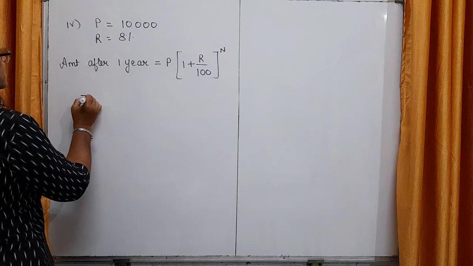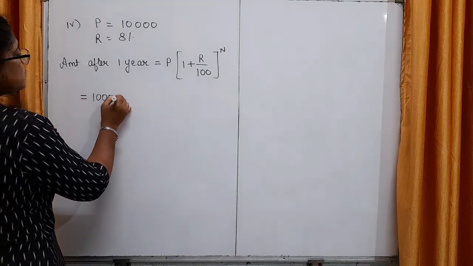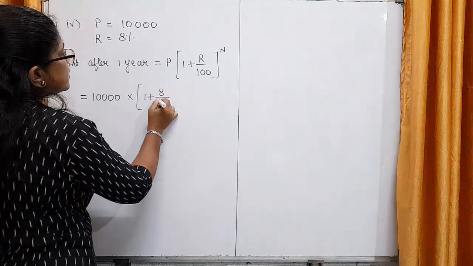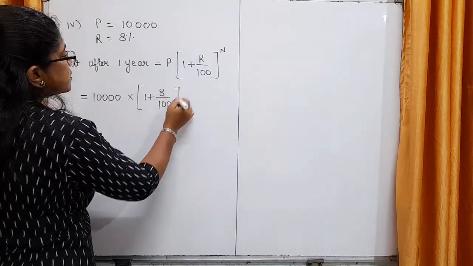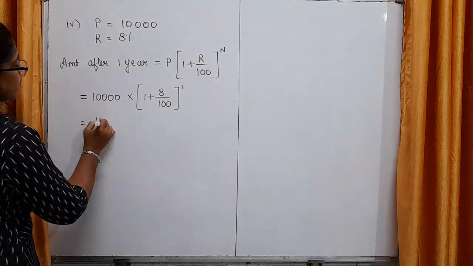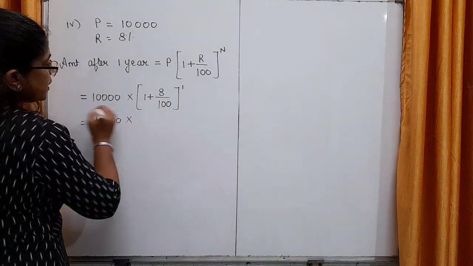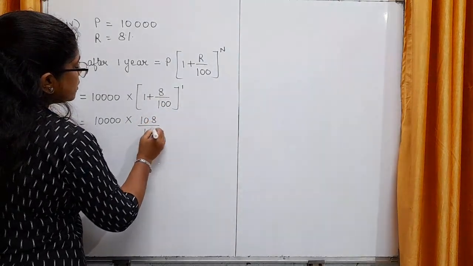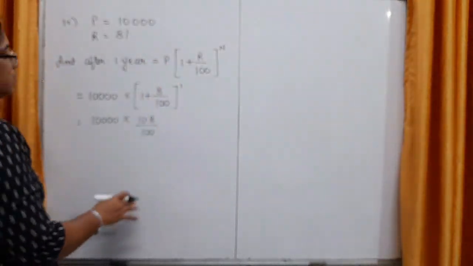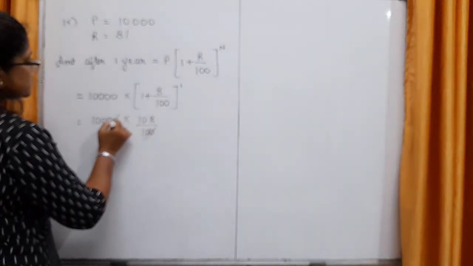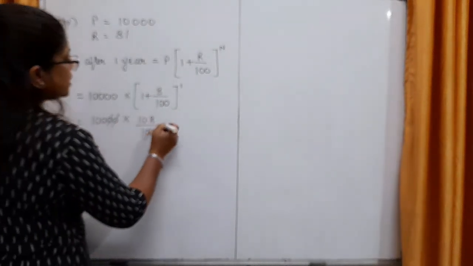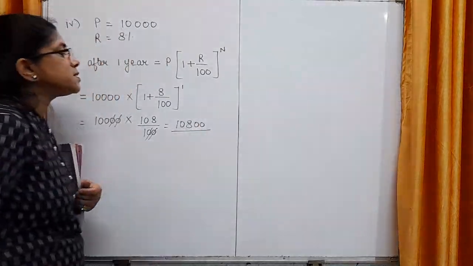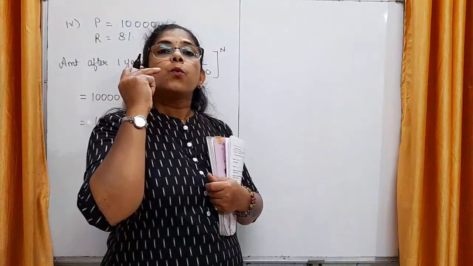Let us calculate this. 10,000 into 1 plus 8 upon 100 to the power of 1. Okay. 10,000 into 108 upon 100, into 1 means it's only one time. 0, 0, cancel. 100 into 108 is 10,800. This is amount after 1 year.